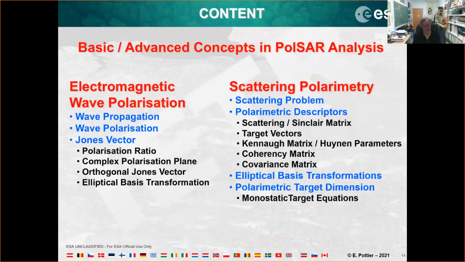This part is historical, but it's becoming more and more important due to the dual-pol system, and we shall see later on what the dual-pol system means. With this new sensor we are coming back to the previous theory of polarimetry about wave polarization. So we shall see the wave propagation, the wave polarization, the description of the polarization using the Jones vector.